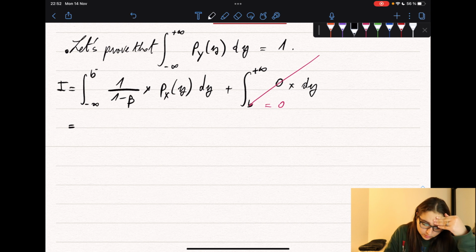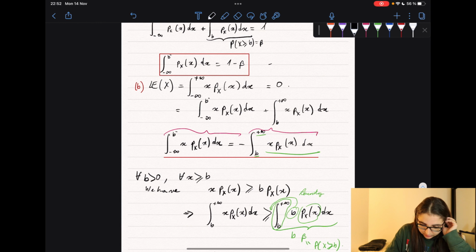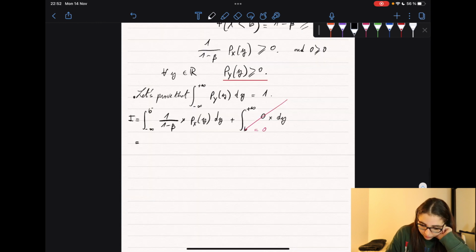And so at this point, we're just going to use what we have just proven here. We're going to use this part here to prove that this integral is equal to 1, and it's pretty straightforward. We're just going to use the linearity of the integral and replace the value of this integral.